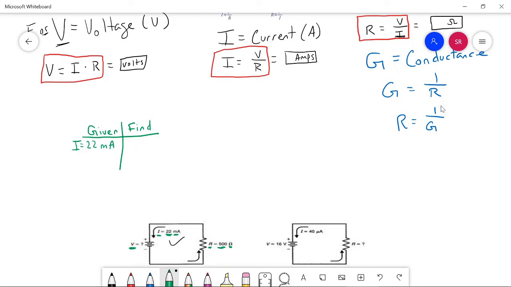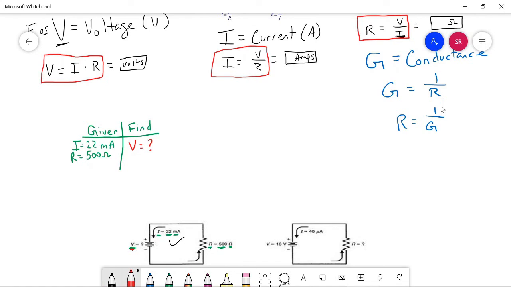What else is given? Well, my R is given. We have a value for R here. R is 500 ohms. What do we have to find? What is the missing piece? Well, clearly, the voltage is a question mark, so we gotta find the voltage. My voltage is a question mark.